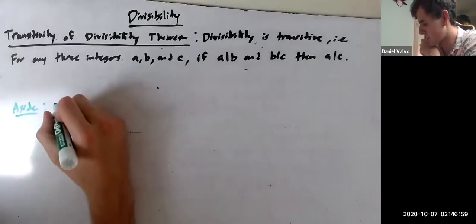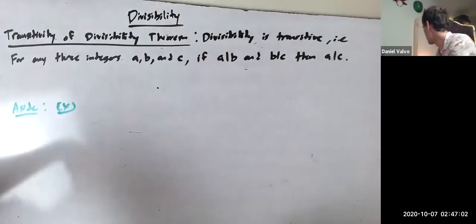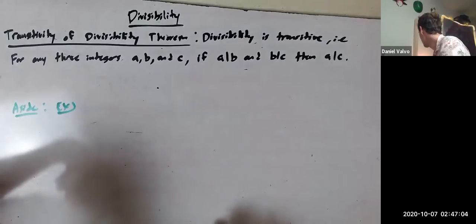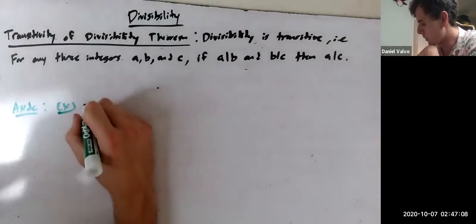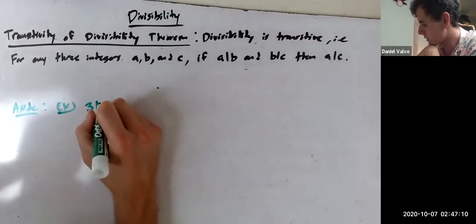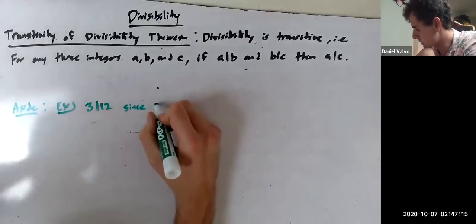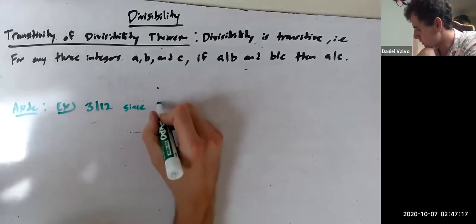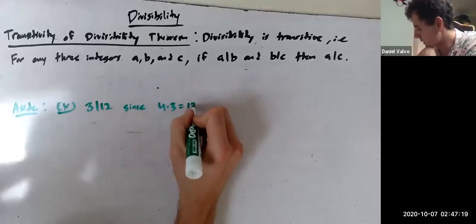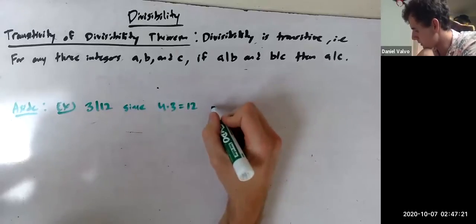Like, for example, let's do an example. For example, 3 divides 12 since 4 times 3 equals 12.